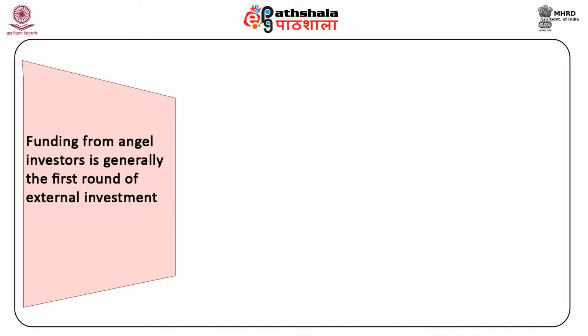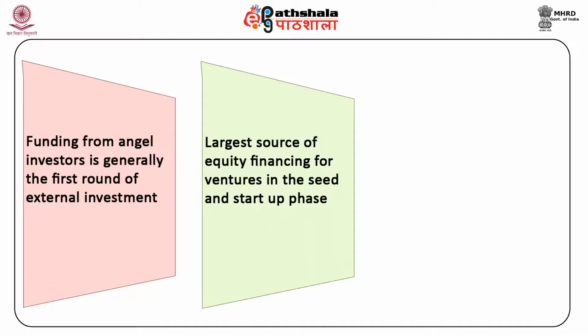Funding from angel investors is generally the first round of external investment. In fact, it is the largest source of equity financing for ventures in the seed and startup phase.